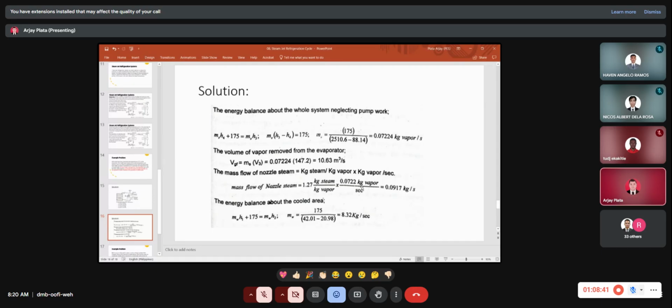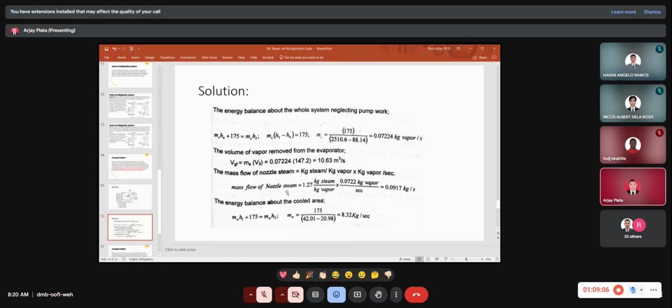So we will get the mass flow rate of nozzle steam of 0.0917 kilogram per second. What we need is the mass flow rate, and the given is only kilogram of steam per kilogram of vapor. That is why we need to get the mass flow rate of the nozzle steam.